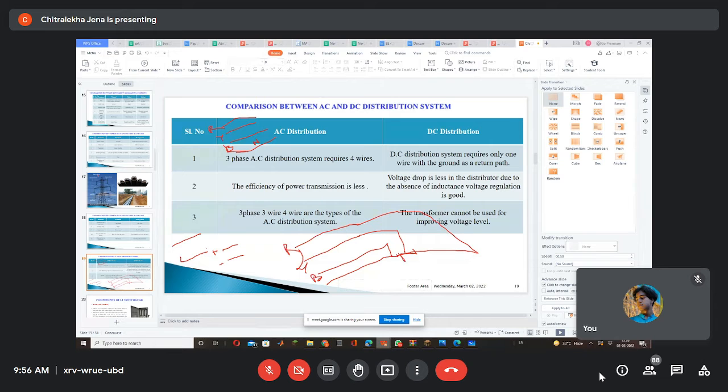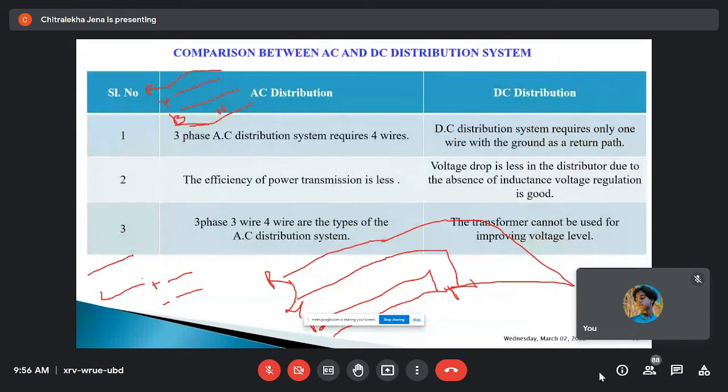So the efficiency of power transmission is less in the AC distribution system. The DC distribution system efficiency is more. Why, can you tell me? Whatever idea you have about the efficiency of power transmission, tell me.